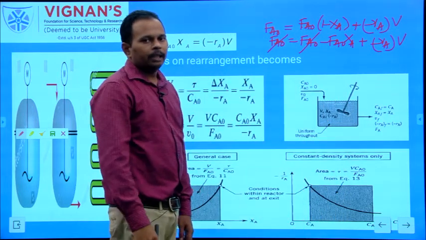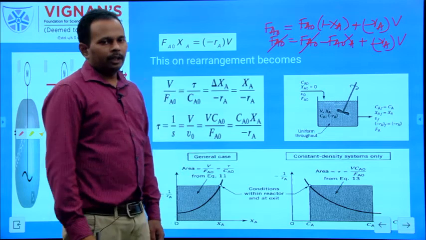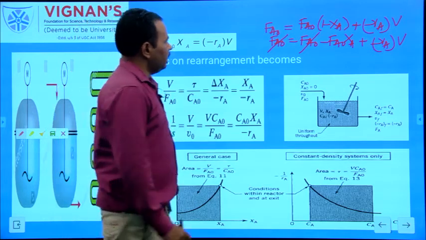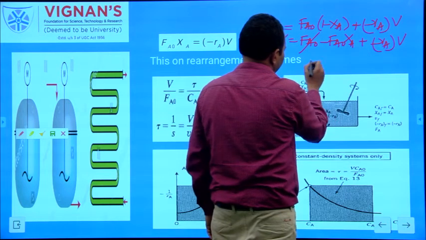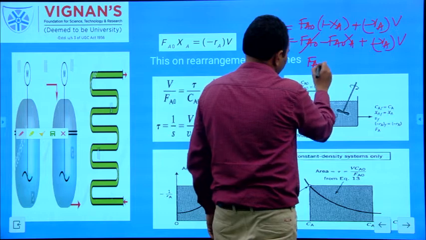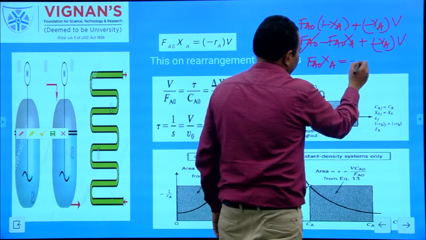Bring minus FA naught XA to the left hand side, that becomes positive. FA naught into XA is equal to minus RA V.